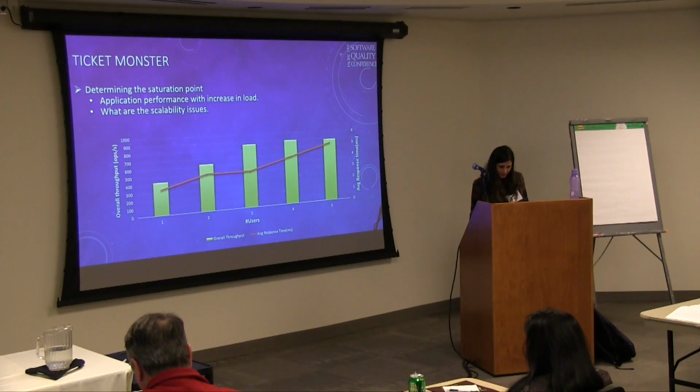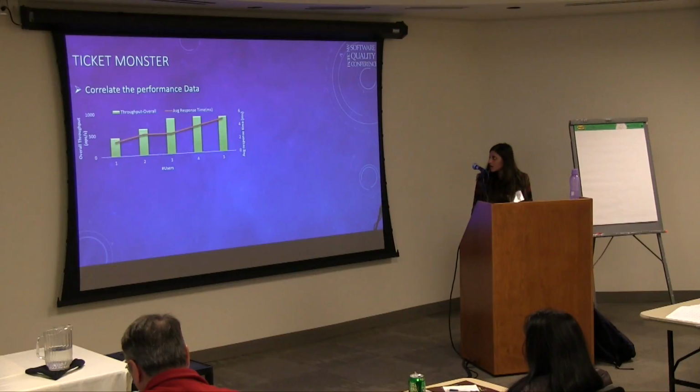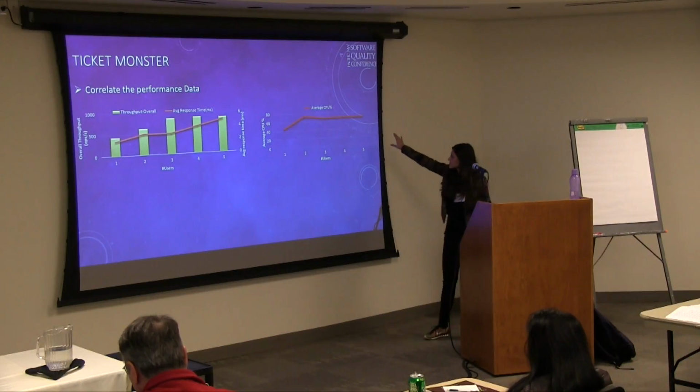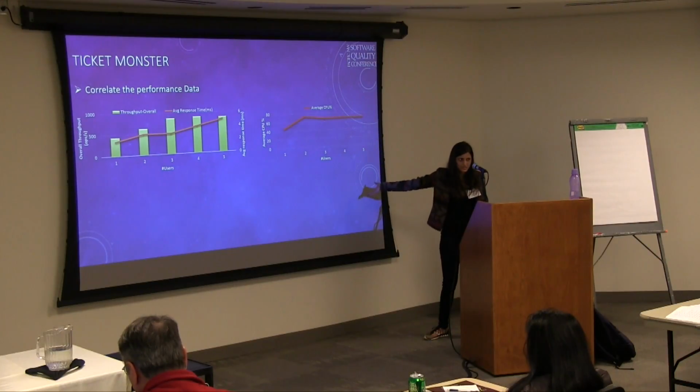Okay, moving forward. So next is correlating performance data. While conducting these experiments, we have collected data from all the different levels that we mentioned earlier. So we are looking at the data right here. This is from the server side, and we are looking at the system data that is collected using SAR, and we are looking at the CPU utilization.